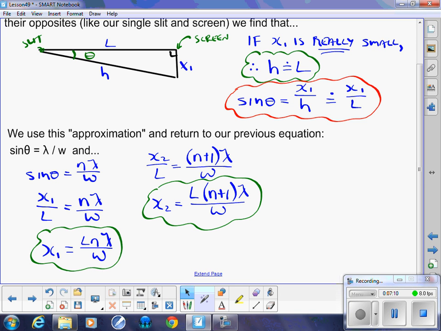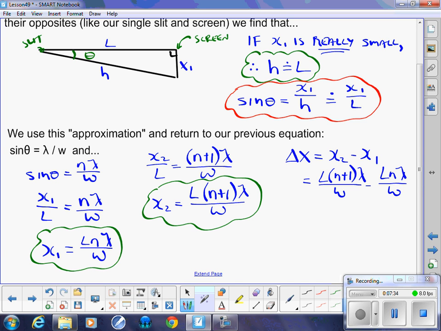And what I want to do then is come up with an expression to talk about the distance between dark bands or bright bands. So delta x is going to be x2 minus x1, the difference in those two distances. So x2, L (n plus 1) lambda over w, minus L n lambda over w.